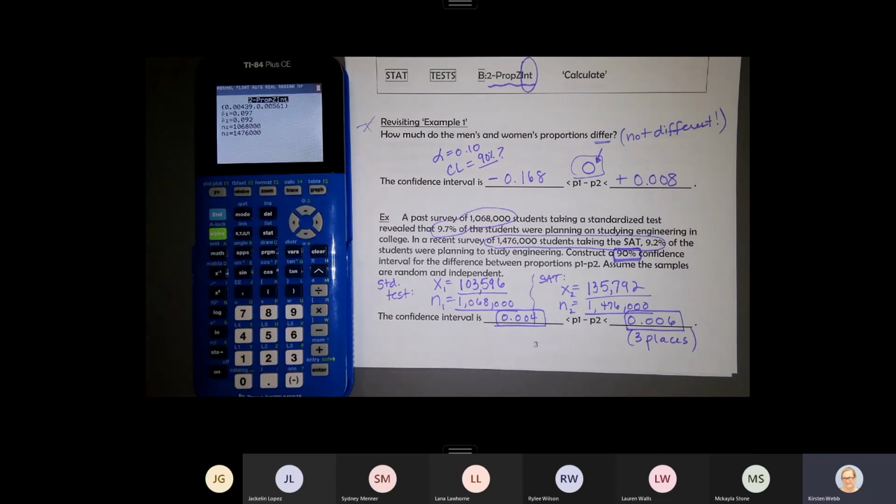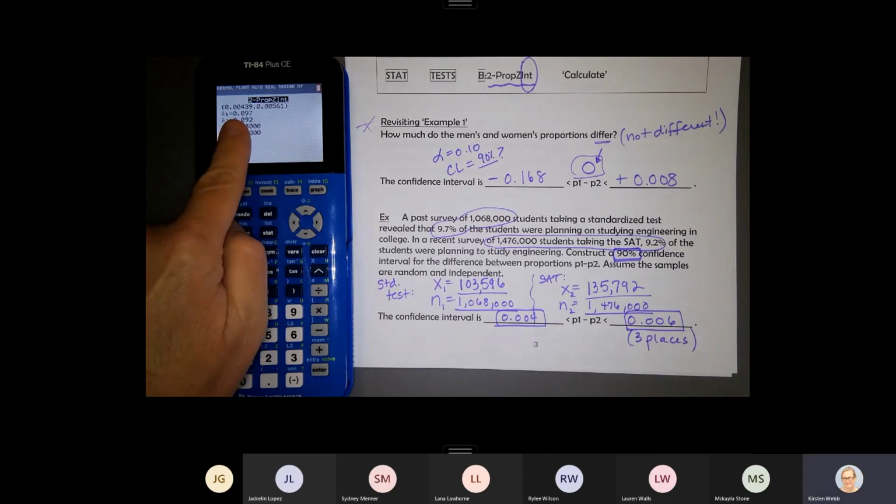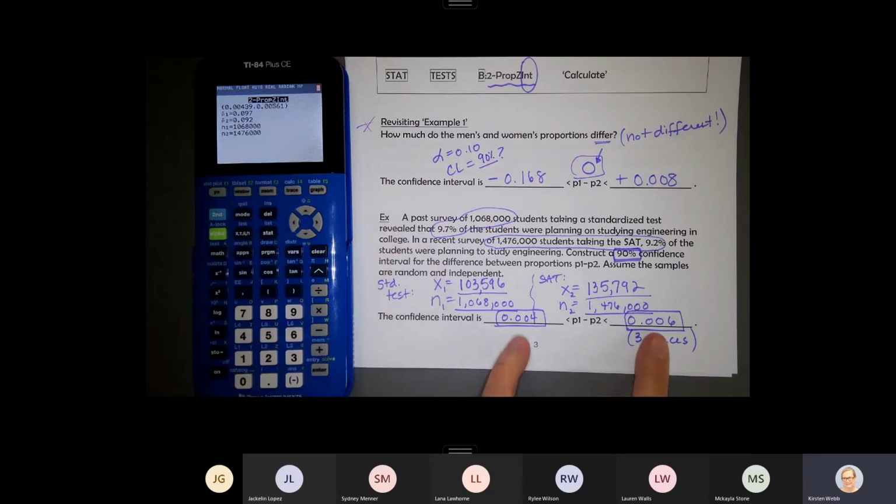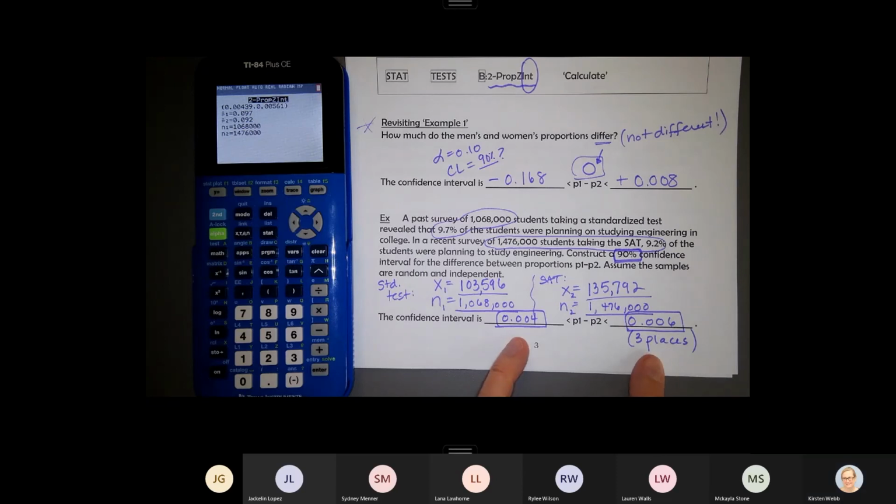And let's say we were asked to round to 3 places. I'm coming up with 0.004 and 0.006. Anybody need a little help with the calculator work on that one?